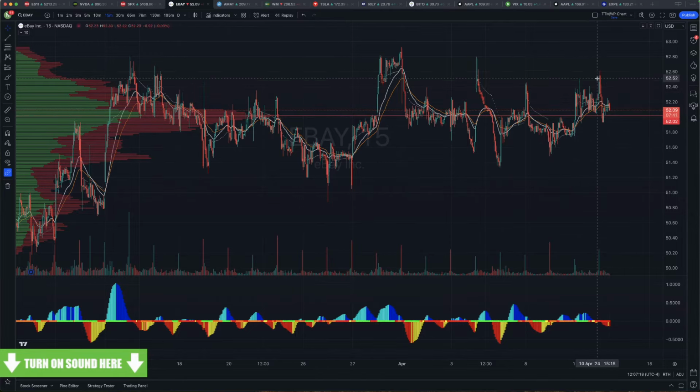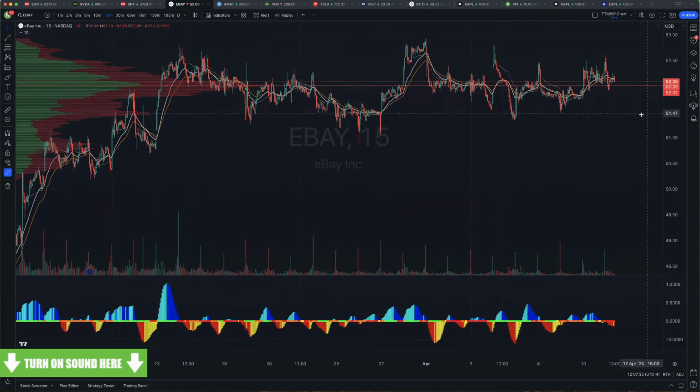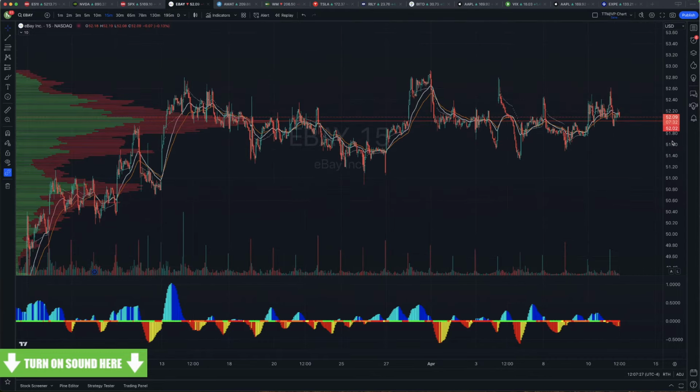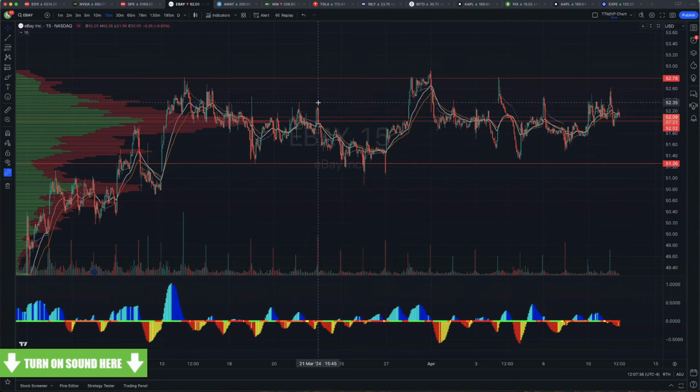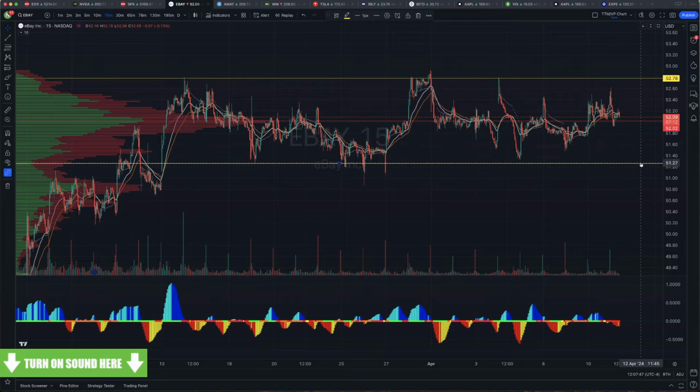And as you can see, we've moved up and then come back into this point of control area, and we're staying above it and using it as a support level at the moment. And that helps inform our trade as well, because really our goals, if we put a high and a low on this chart, just based on what the chart is showing us, we would prefer to buy off support and sell into resistance.